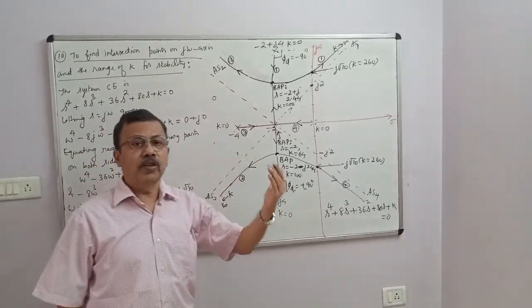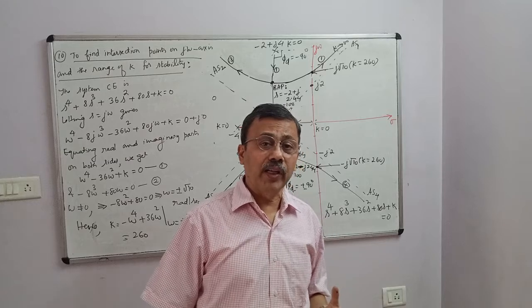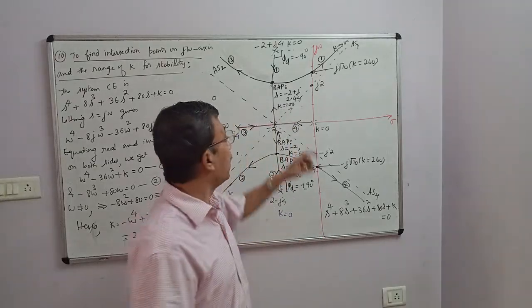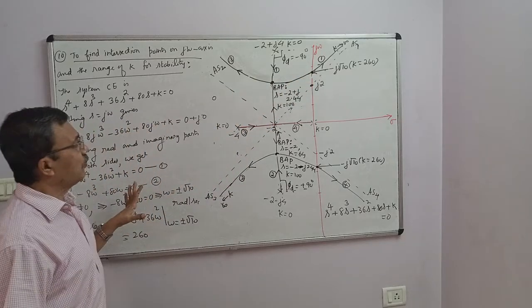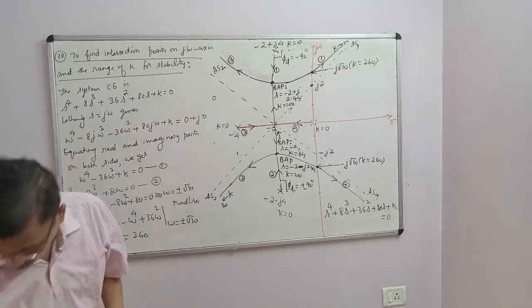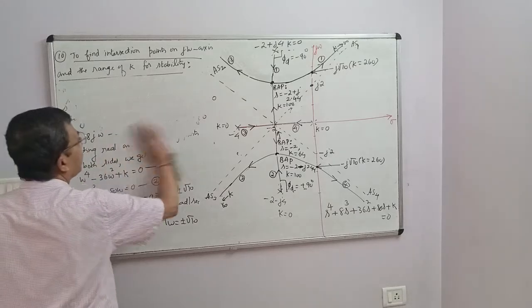Now, for the system to be stable, we have to select the values of k that will make the root locus lie on the left hand side of the S-plane. When k varies from 0 to 260, the root locus is on the left side of the S-plane. Hence, for closed loop stability, k should lie between 0 and 260.